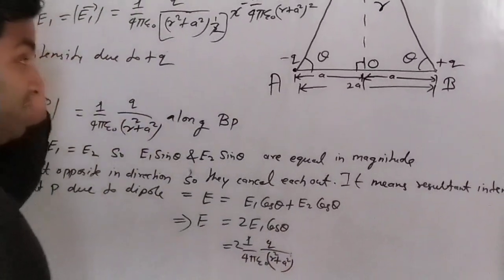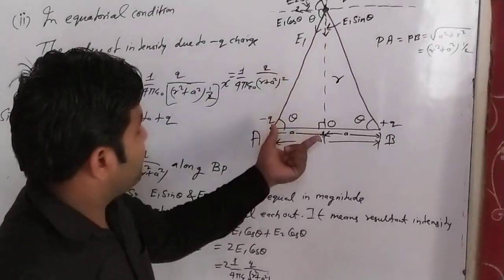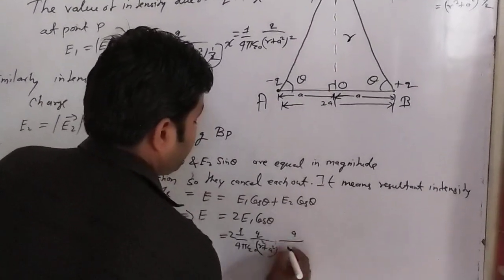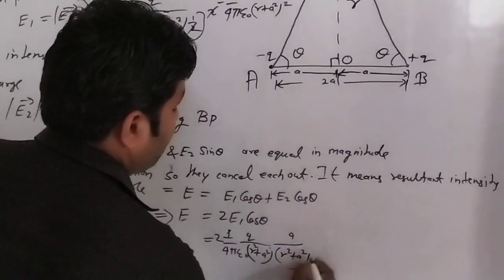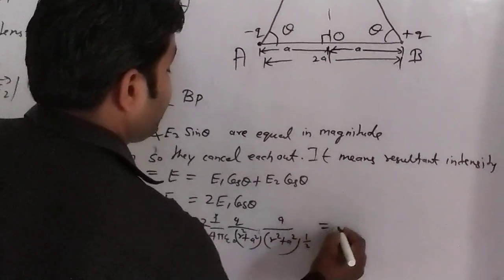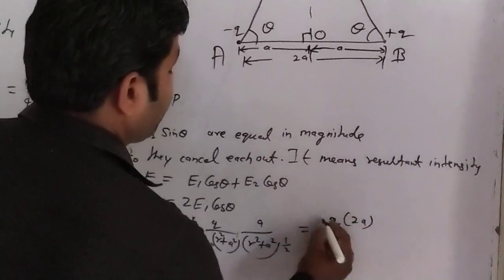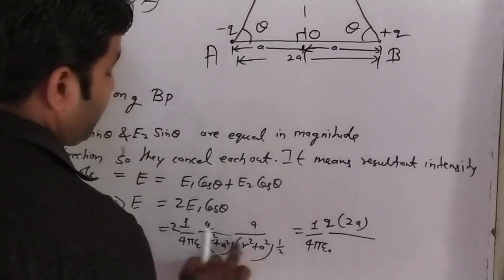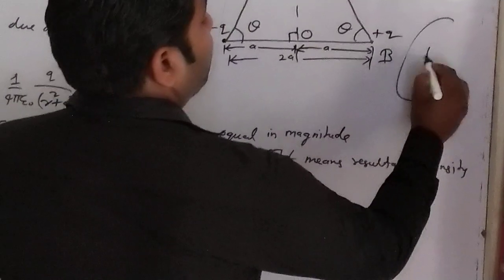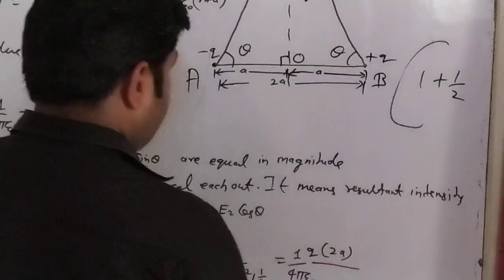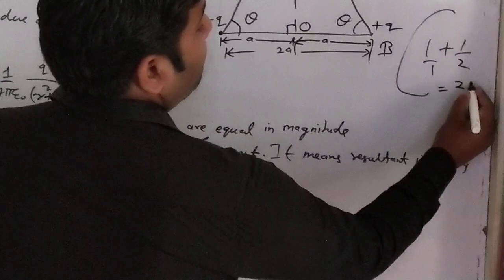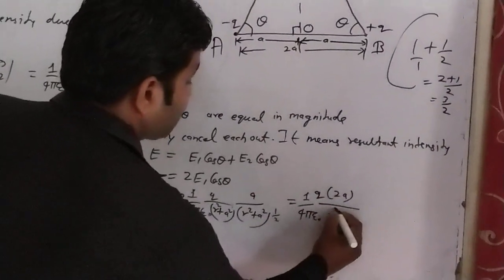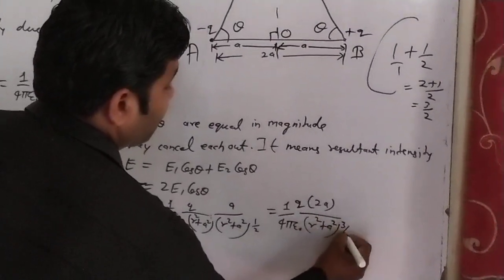Cos theta is a very simple concept: this is the perpendicular, this is the base, and this is the hypotenuse, so base upon hypotenuse, a upon r square plus a square to the power 1 by 2. So we get q into 2a, and 1 upon 4 pi epsilon naught, and r square plus a square to the power 1 and 1 by 2. When the base is the same, we add the powers: 1 plus 1 by 2 is 3 by 2. So r square plus a square to the power 3 by 2.